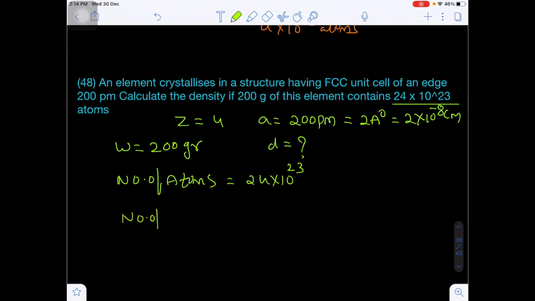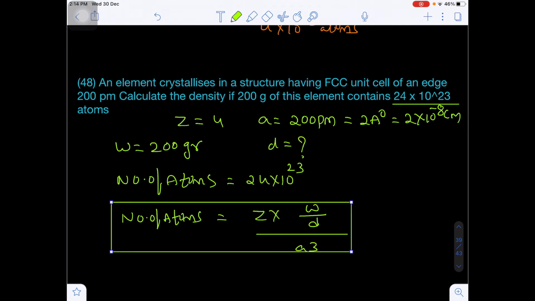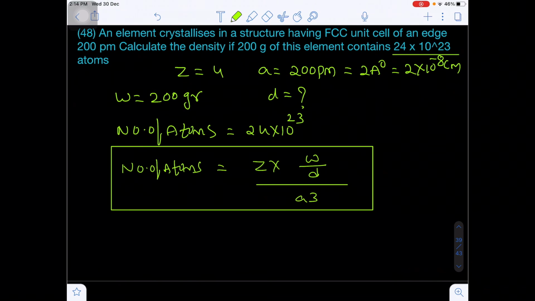So just now I told you, directly to calculate the number of atoms, which is equal to Z into weight of the element divided by density, whole divided by volume of the unit cell. Yes or no? With the help of this expression, we can find the density. How many atoms are present here? 24 into 10 raised to 23.